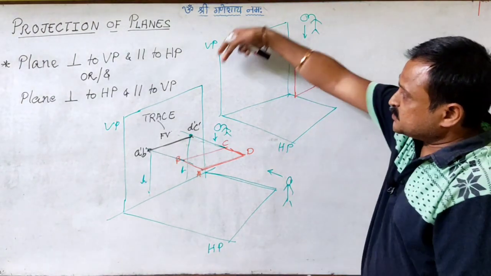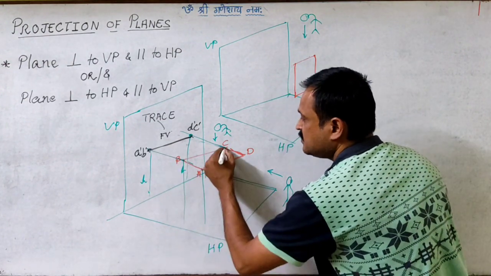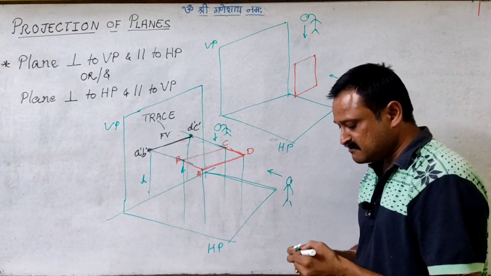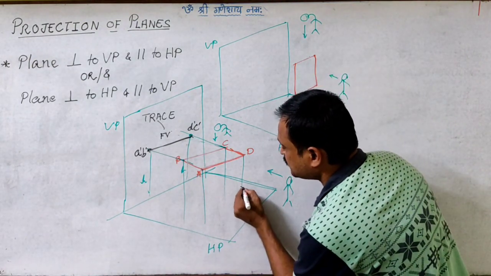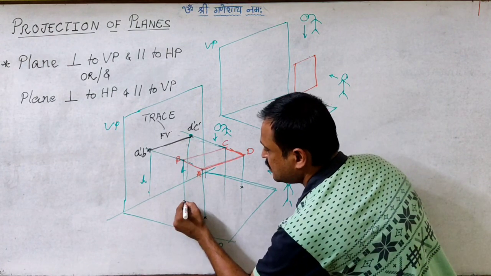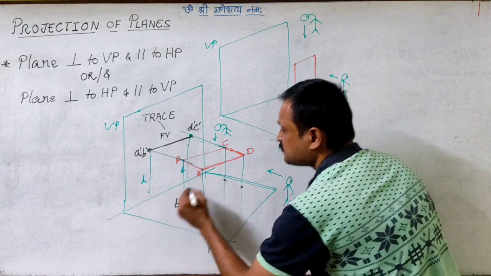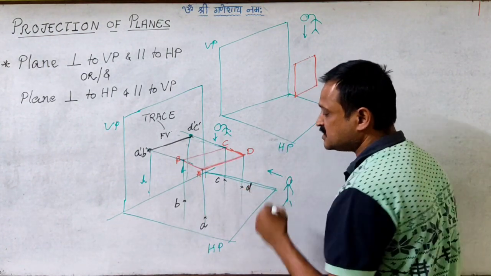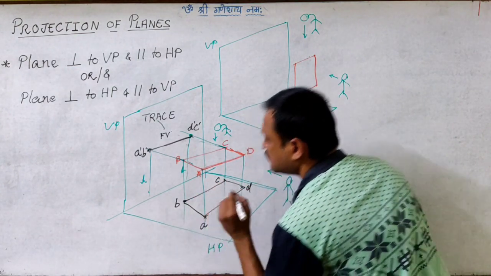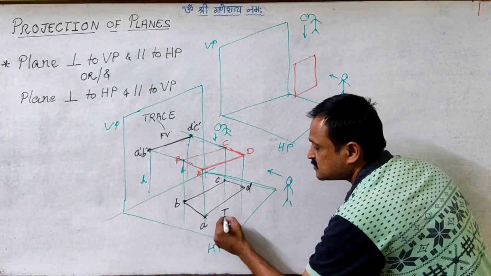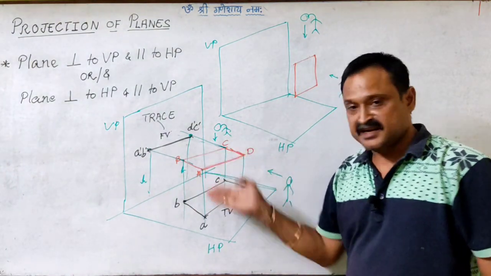Now when we go for the top view, we drop the projectors from corners A, B, C and D. Wherever they intersect with the horizontal plane, we get the images: this is A, this is B, this is C and this is D. We join A with B, B with C, C with D and D with A. So we get this as the top view image where I am able to see the shape of this plane.